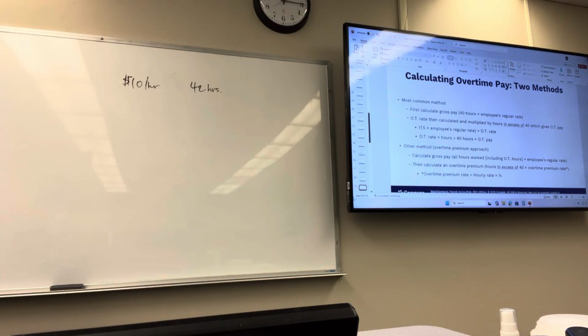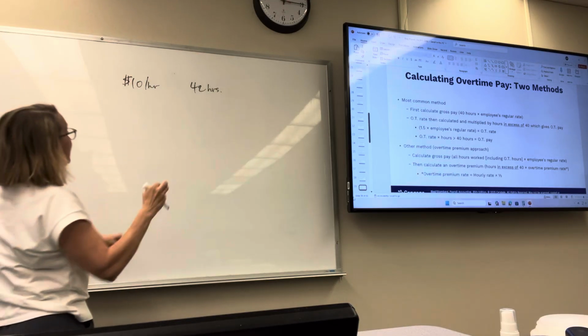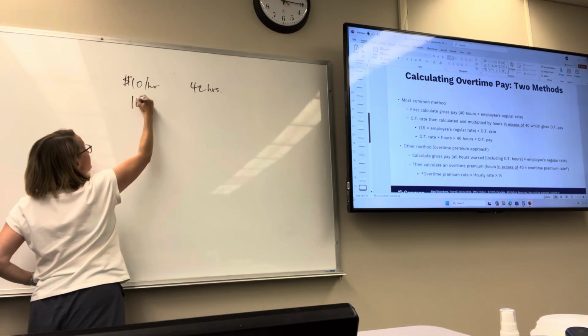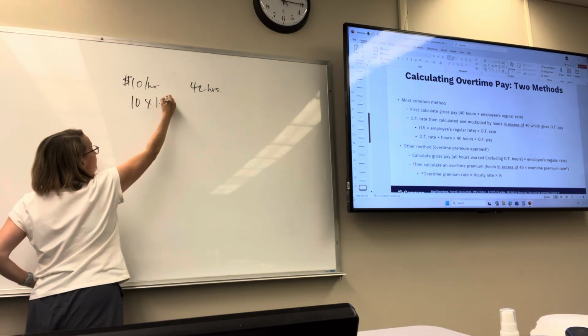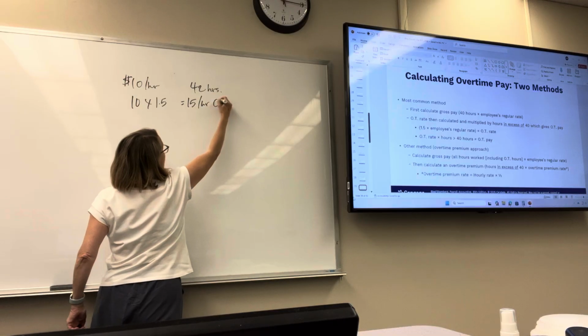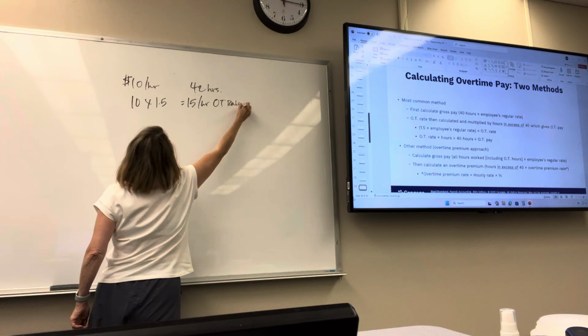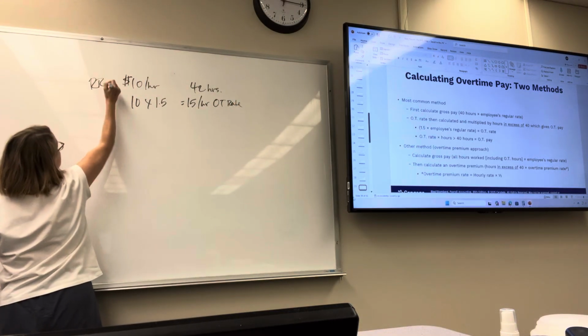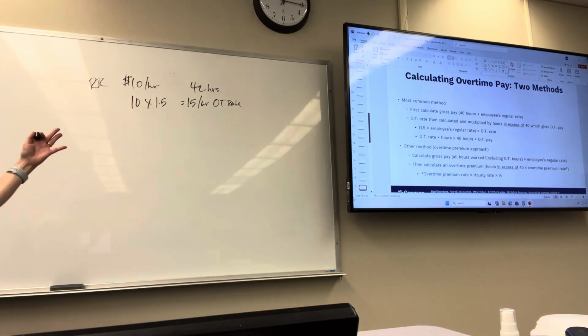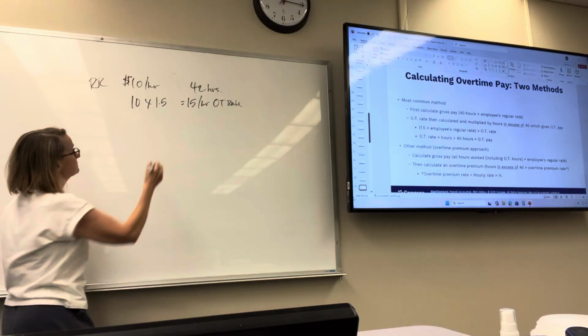Times 10, $15? So 15, right. So we get our overtime rate, which is going to be 10 times 1.5. $15 an hour is our overtime rate. This is our regular rate. Okay, so we know what our overtime rate is. Then how would we calculate what the pay is?